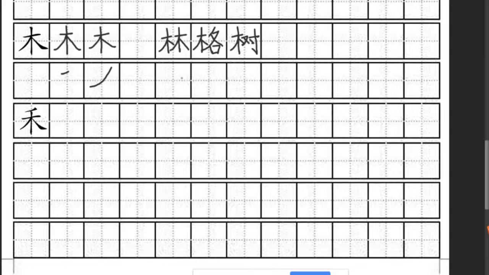Okay, so the stroke order first, you write the 撇 on the top, and then you just write 木 normally, just like we practice on the top. 横竖撇捺禾. Okay, let's do it again. First write the 撇 on the top, and then you write 木横竖撇捺. So this is 禾 grains.